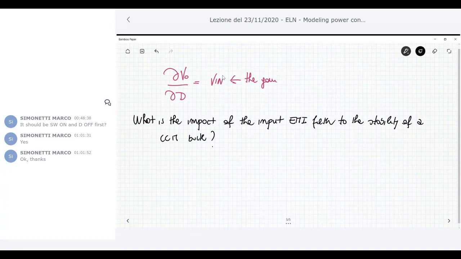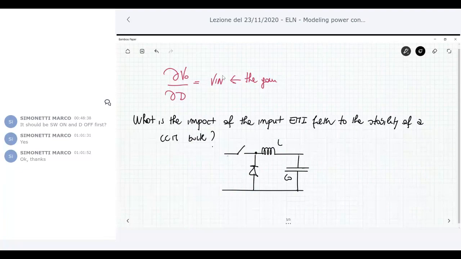So if you have a buck converter like this one I'm drawing here, I just put C in as the simplified form of any complex input filter. But the filter that you can have at the input can have this shape, for example.